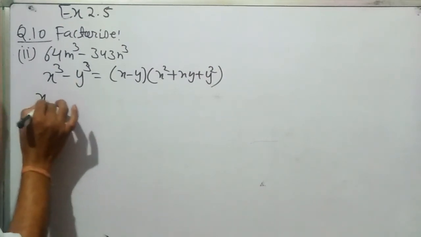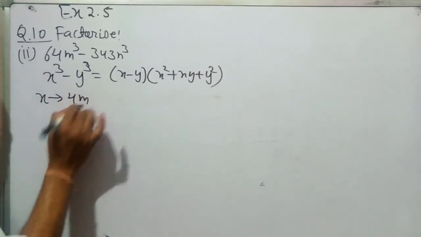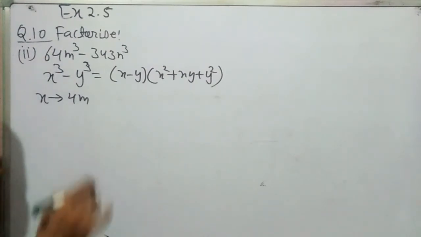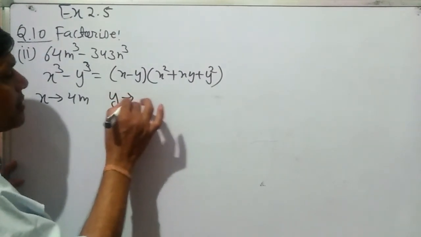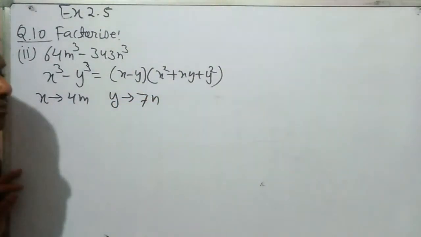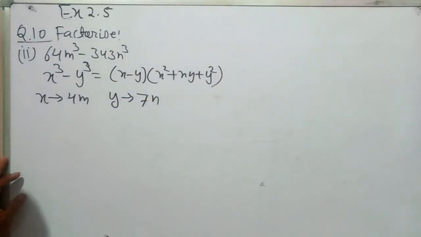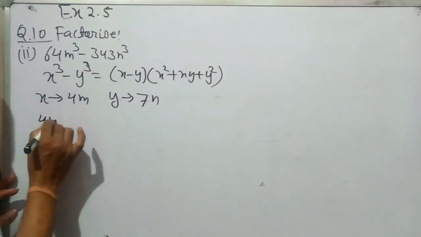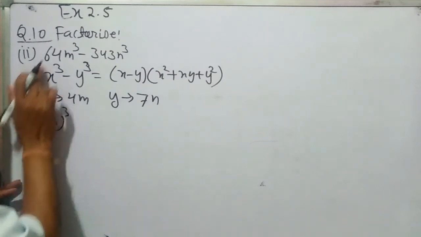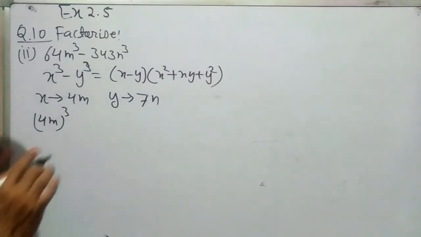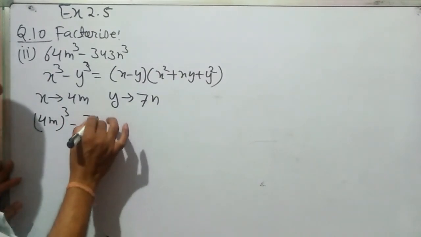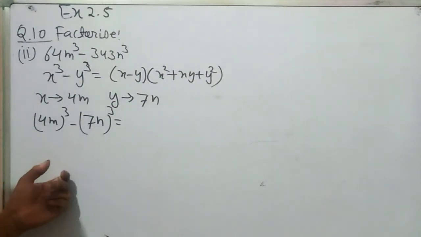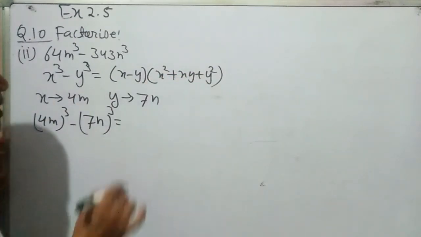So can we say x is 4m, cube of 4 is 64, and y is 7n. Is it? Yeah. So let us replace 4m cube, that is 64m cube, minus 7n whole cube, that is 343n cube. Place the values over here.